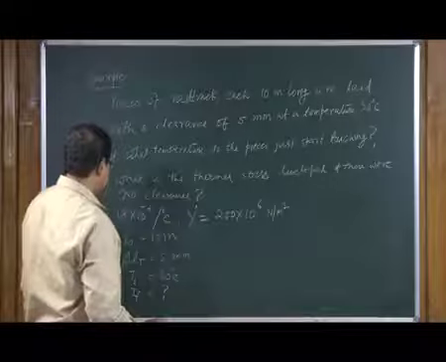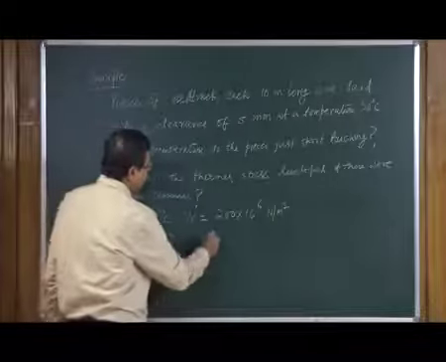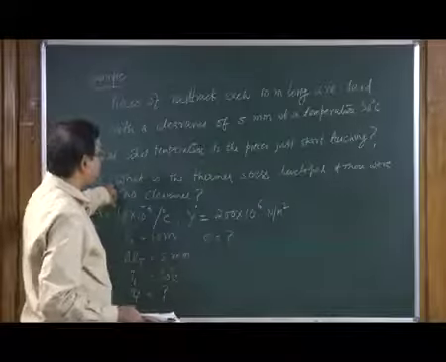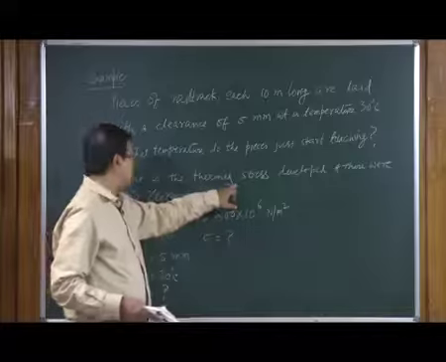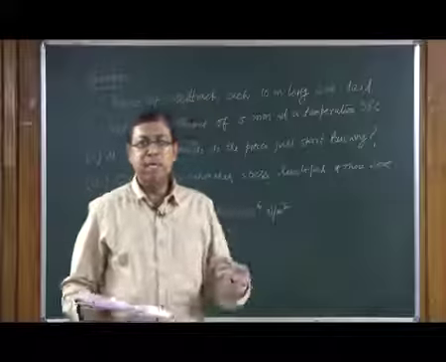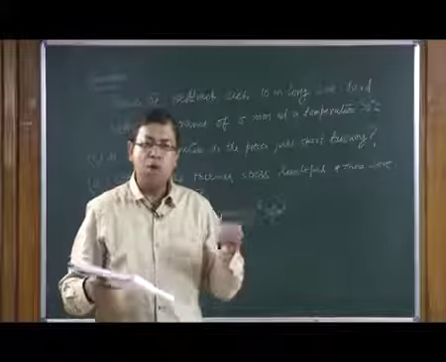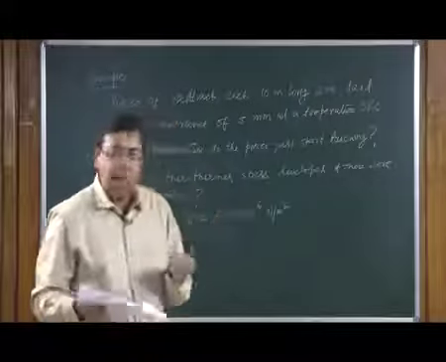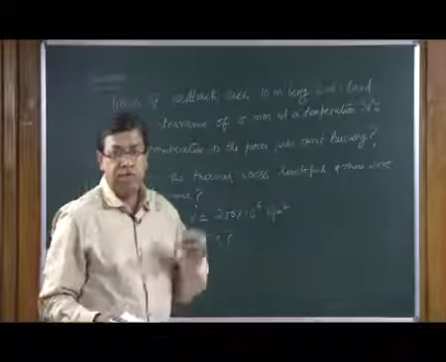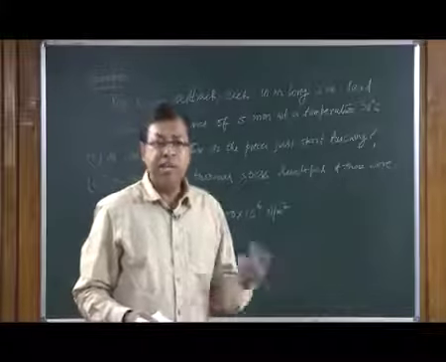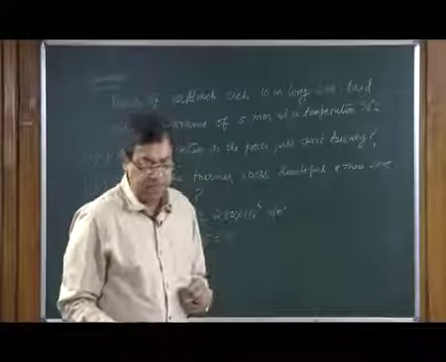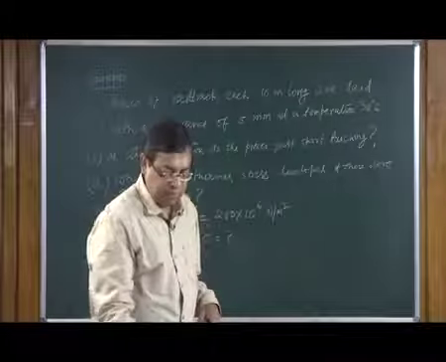And the second thing is to find out what is sigma, which is asked in the second part of the question, which says what is the thermal stress developed if there were no clearance. So, had there been no clearance, they would have expanded and caused thermal stress, which, as I told you, could lead eventually to breaking of the material, depending on the hardness and the toughness of the material that we have talked about.